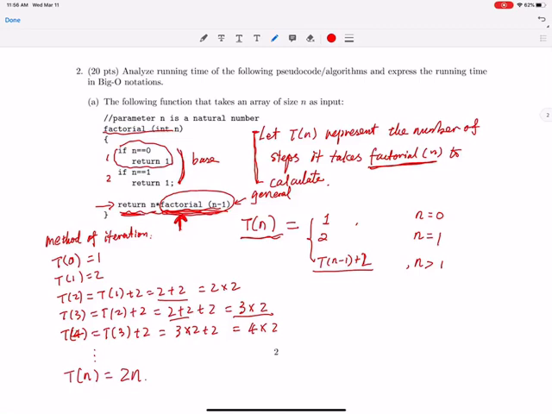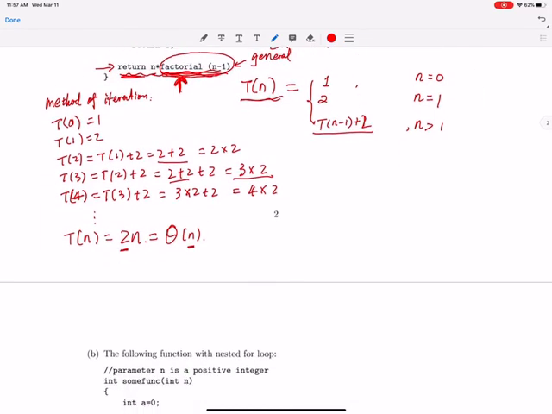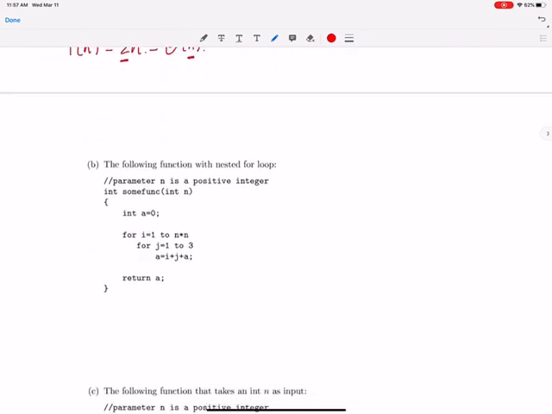And which is big theta of n. So basically we're dropping the constant coefficient to get the simplified expression for the running time. Right, so getting to the next problem.